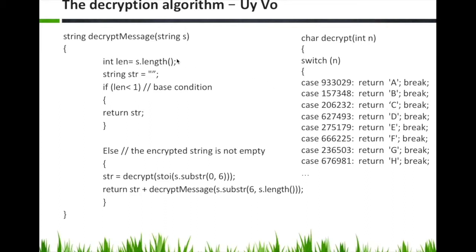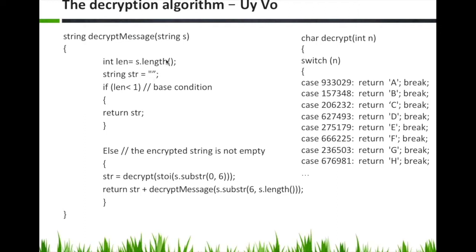The second function is the decryption matrix. This function will receive a string and return a string. I mean, the function will receive an encrypted string and will return a decrypted string.